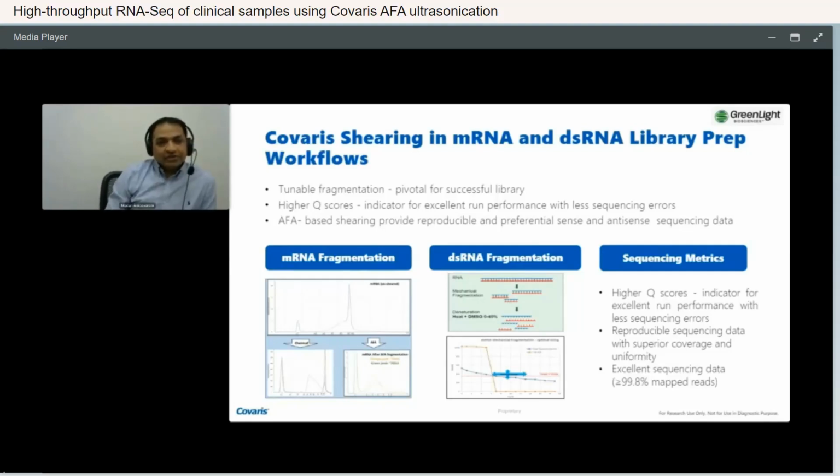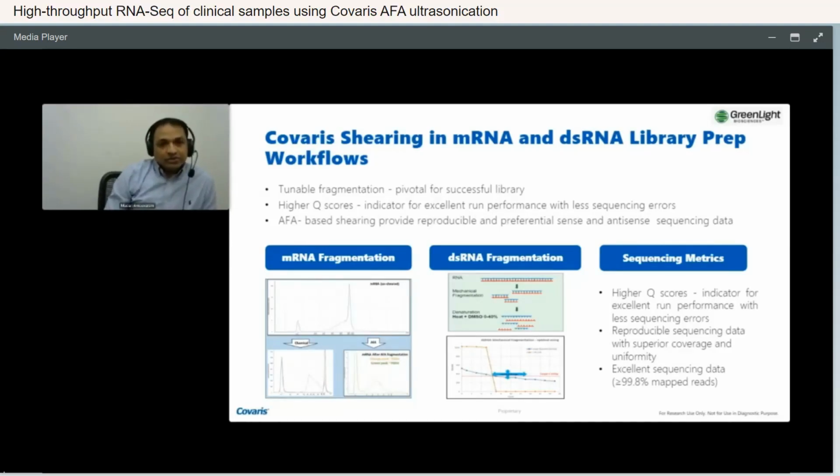The key takeaways from this study are that they obtained successful and consistent reproducible fragmentation using a single fragmentation protocol, which is pivotal for successful QC and library prep of high-throughput workflows, and also obtained excellent sequencing data, which is more than 99.8% mapped reads from both mRNA and double-stranded RNA libraries, with excellent run performance and fewer sequencing errors compared to cation-based libraries.